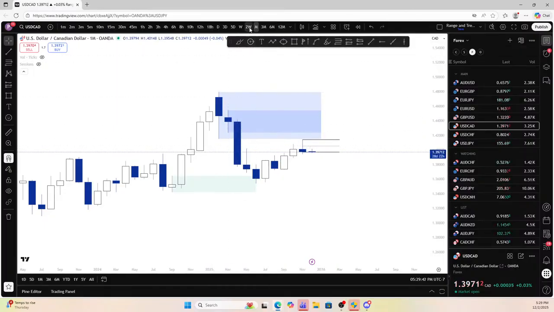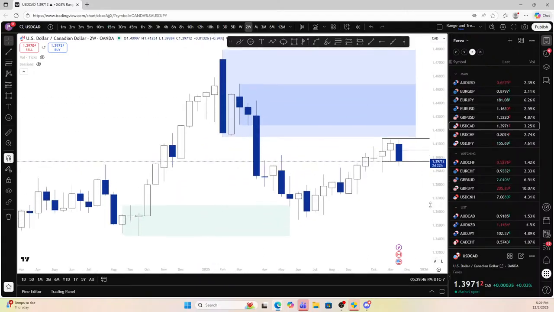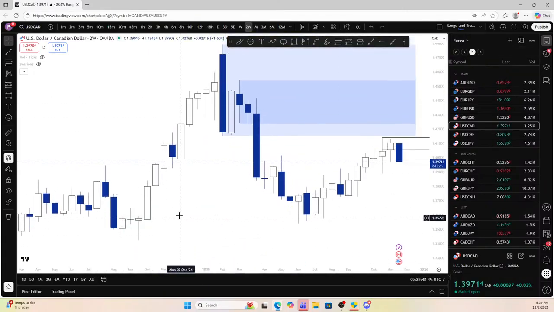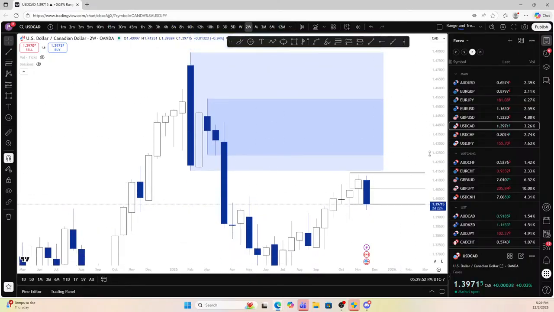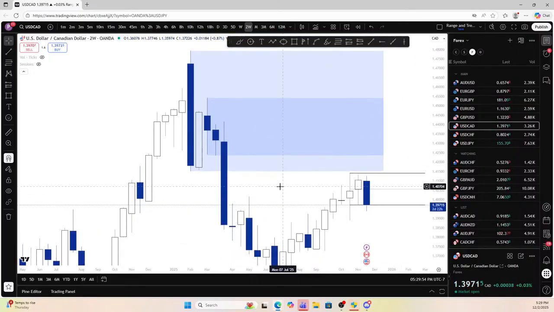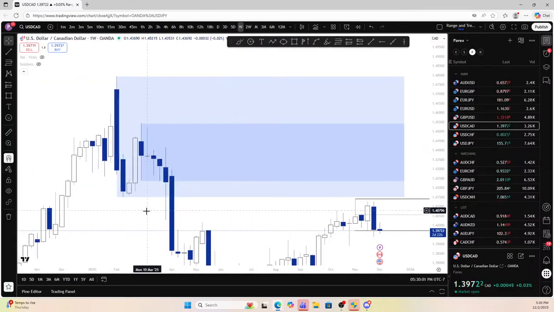And I just start whittling my way down. So we got the 2 week. Let's go look at this. We're just going to look at the supply for now, just so it's easier to look at. All these concepts apply with demand as well. But okay, so we can see that the fair value gap is still there. Hasn't been fully mitigated. Let's go down to the week.